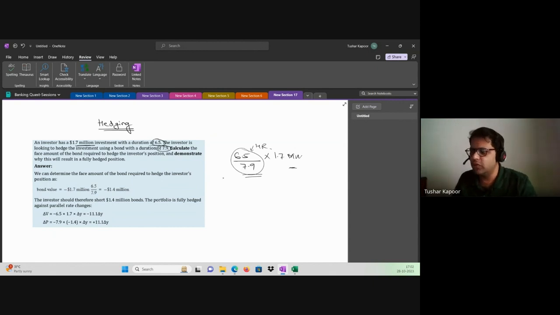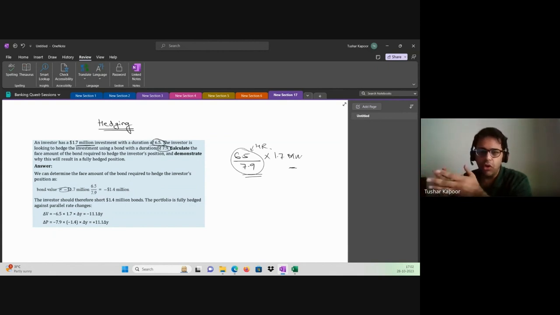Okay. So now you can determine the face value using the required hedge position with the minus bond value. Why has he taken a minus bond value? Because, to hedge the bond, you can't add a bond, because both of them will be susceptible to interest rate. You're hedging a bond with a bond, right? A bond with a bond is a positive correlation. A bond with a bond is not a negative correlation.